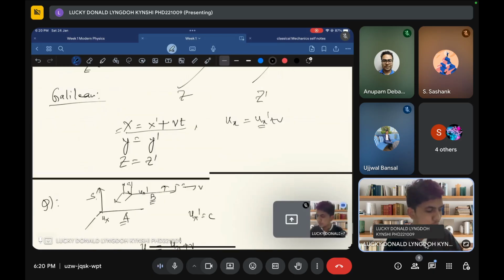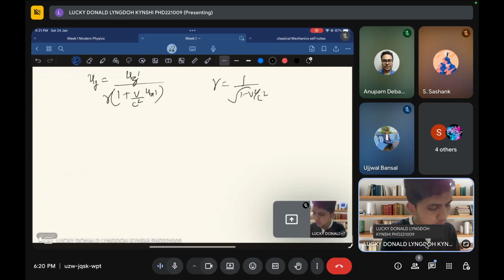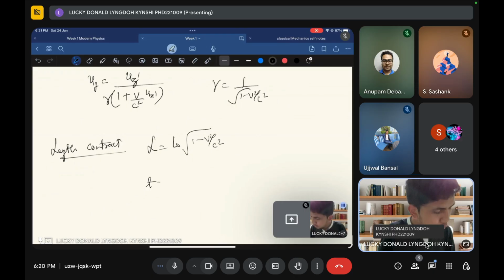Before solving problems, let me write one more equation. Your length contraction is L is equal to L naught root of 1 minus v square by c square, and your time dilation is t is equal to t naught root of 1 minus v square by c square.